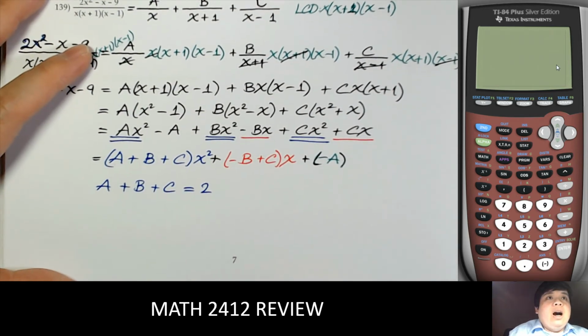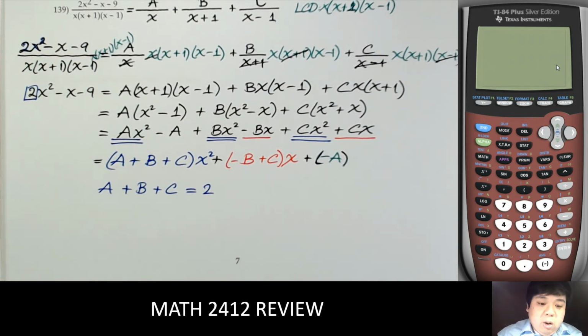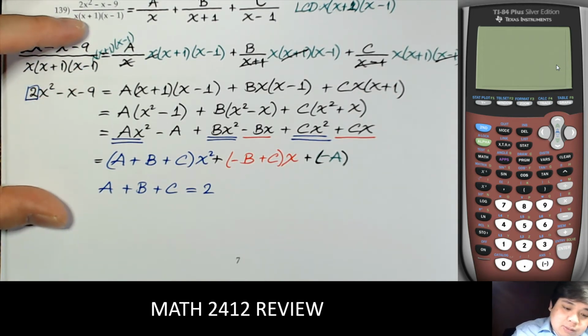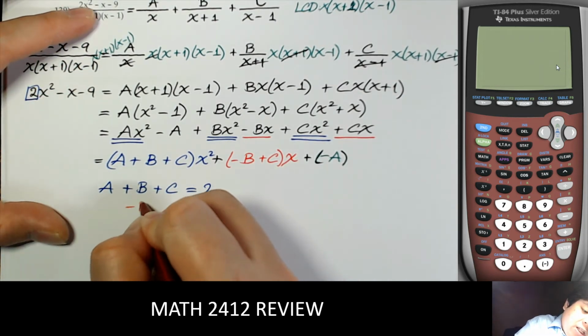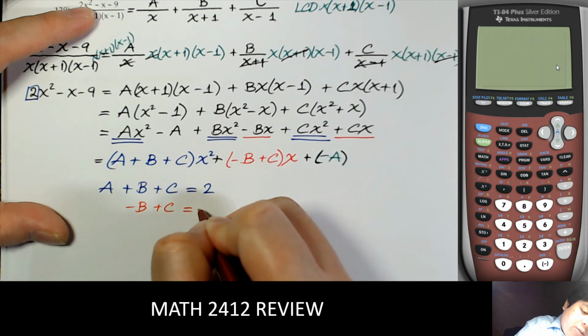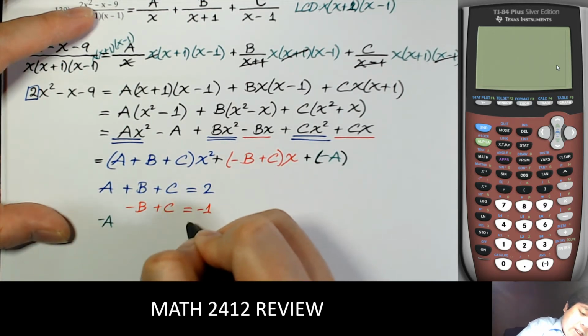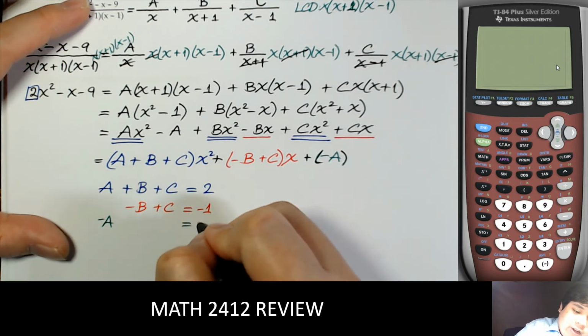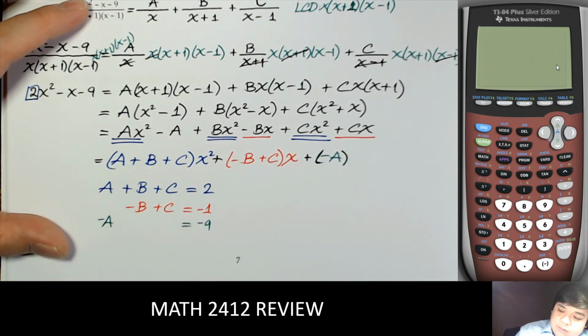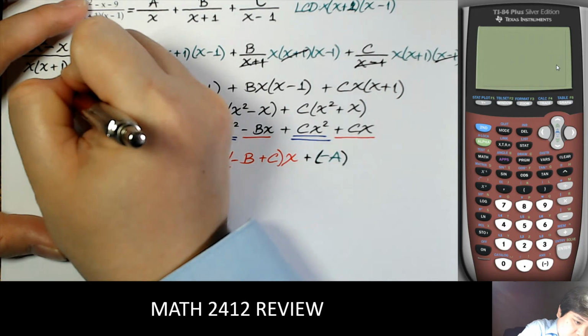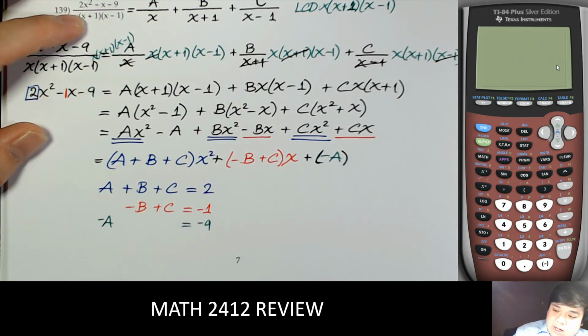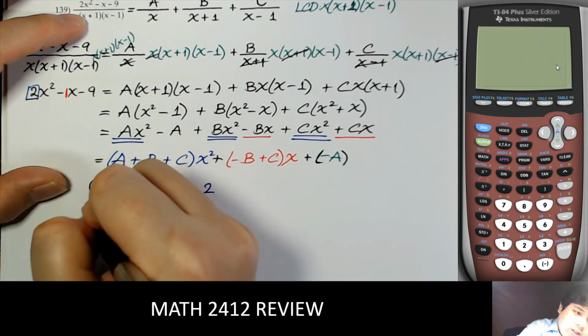By the way, this method is called undetermined coefficients. Negative b plus c is negative 1, and negative a is equal to negative 9.